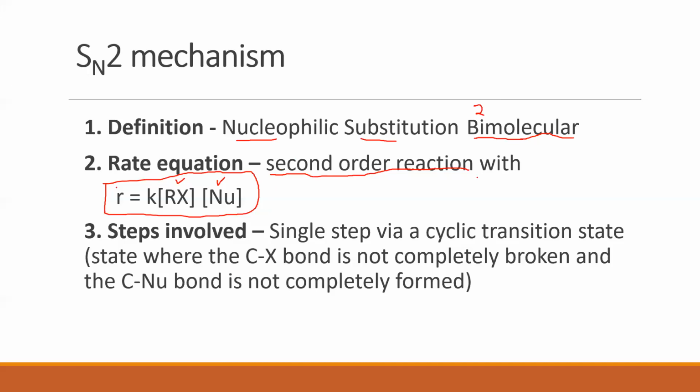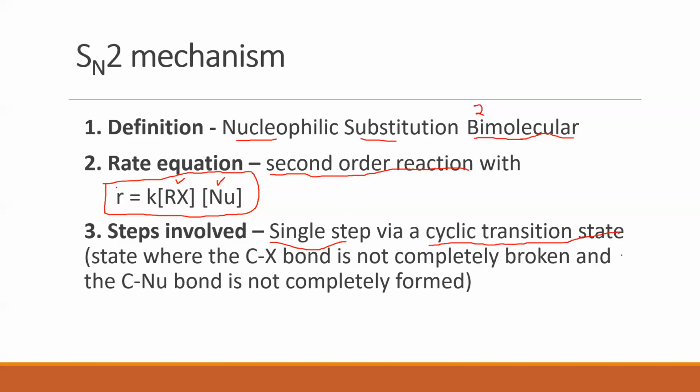Now I know you will not be able to understand this better right now. Once the chapter on chemical kinetics is done, you will be able to better understand what rate equation and bimolecular mean. So right now I've just given you a bird's eye view of that. Let's look at the steps involved. It is a single step mechanism via a transition state. Clear?